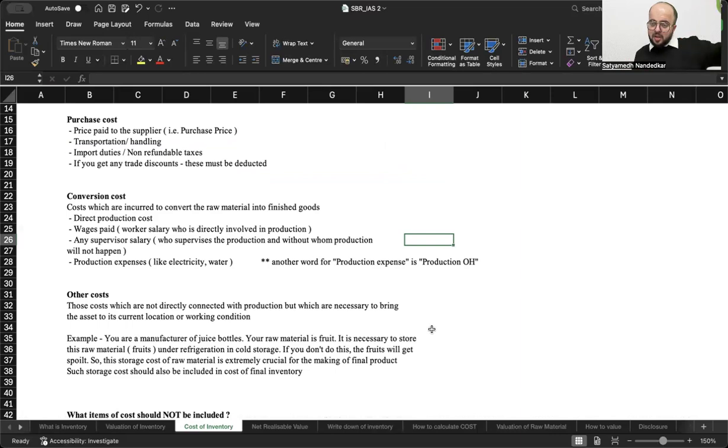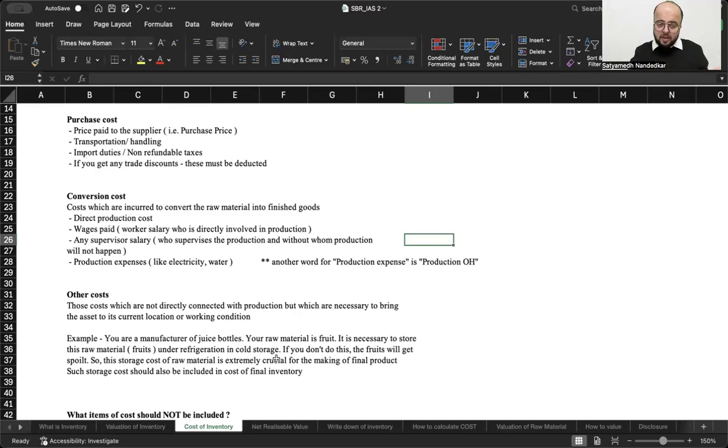So purchase cost that you pay to the supplier, transportation charges from the supplier's location to your warehouse, then when the production process starts, the production overheads, the wages of the workers, all the material cost that is there, all of these together to make that particular final product ready, all those costs are included in the cost of inventory.